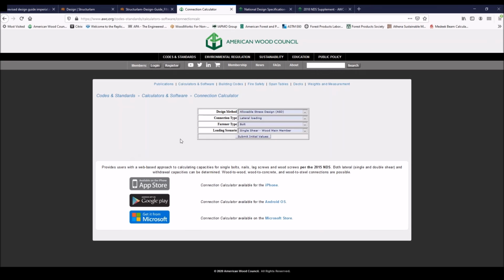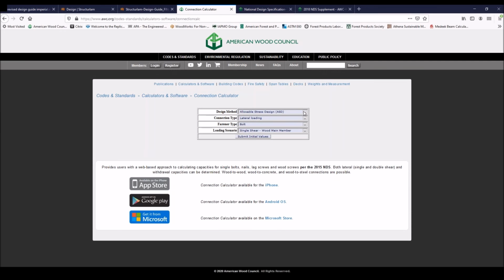So this is what it looks like. You can also download an app for an iPhone or an Android, as well as a Microsoft app for your Windows device. So if you're running a Windows 10 device for your desktop, you can get it on there.